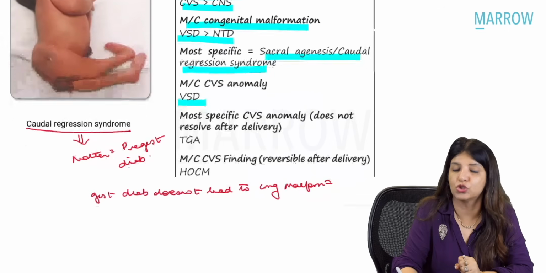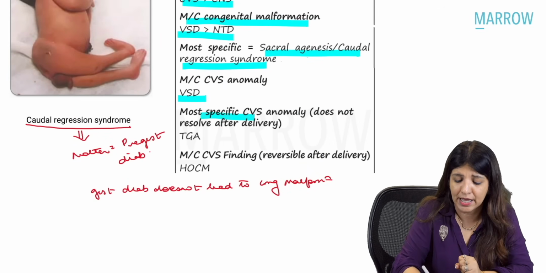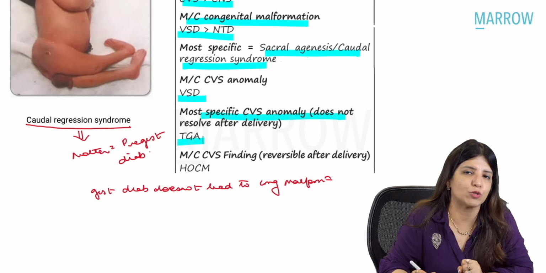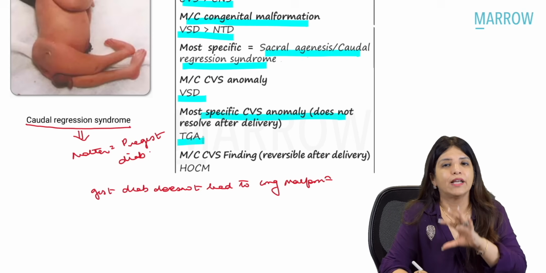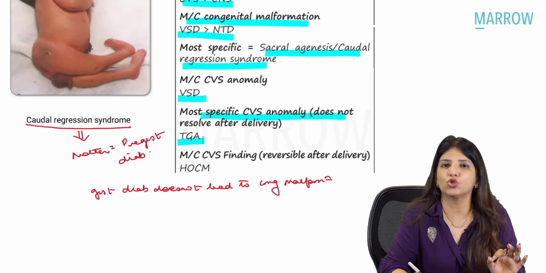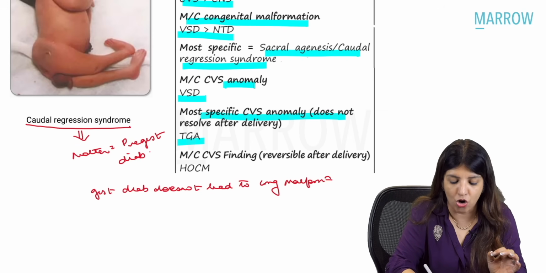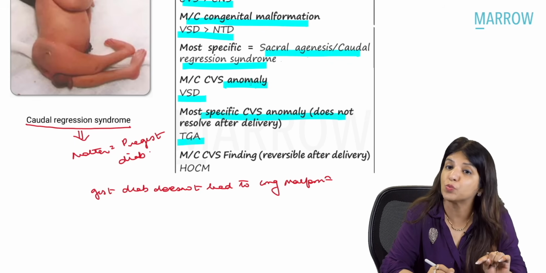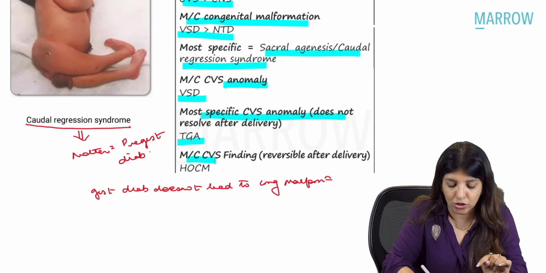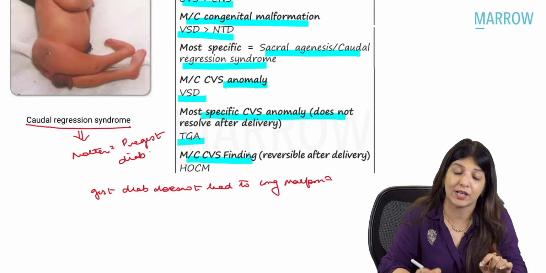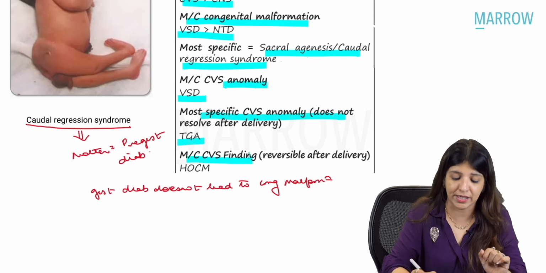But if they ask you most specific cardiovascular anomaly, it is TGA, transposition of the great arteries. Now, this is if they ask you what is the most common cardiovascular anomaly, then you have to answer it as VSD. If they ask you what is the most common cardiovascular finding, what is the difference between anomaly and finding?